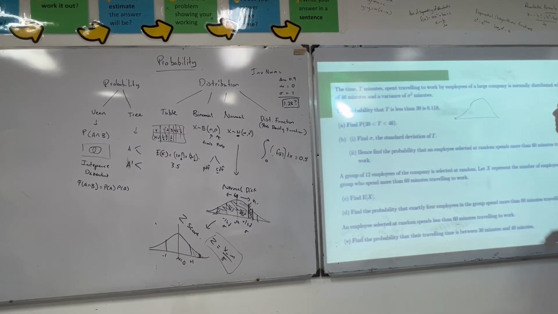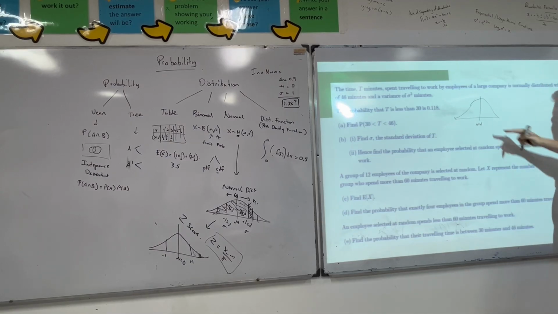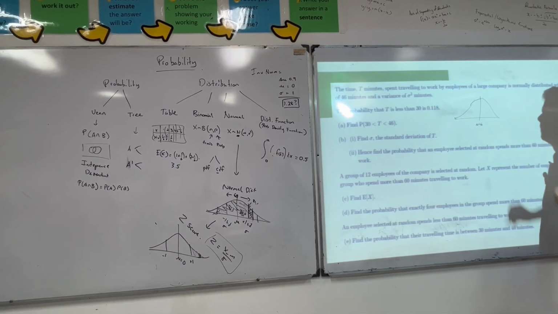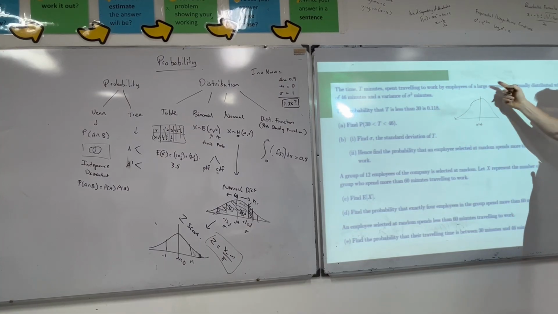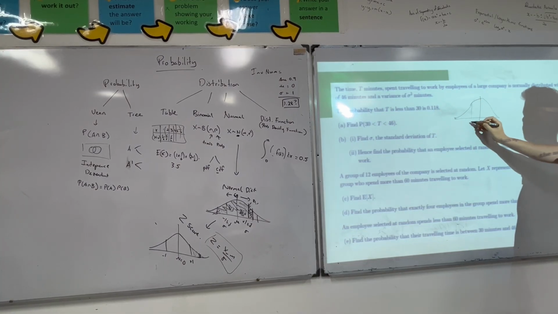Find the probability between 30 and 46. I know the mean is right there at 45. So the mean is 45. 46, is it? Oh, 46. That's easier then. And I know the probability less than 30. Oh, we can do this without a calculator. So let's just put 30 here.